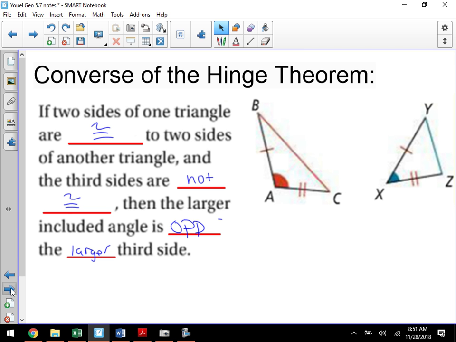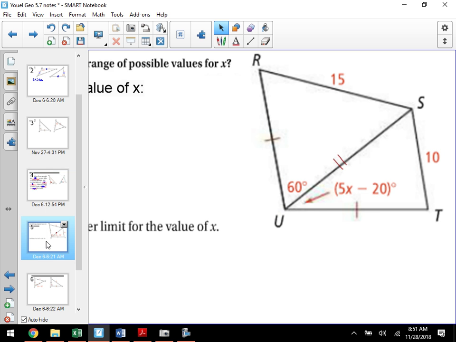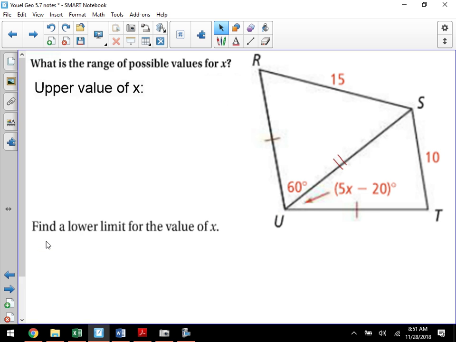All right. So let's look at how this does start to get a little weird. It seems odd, but it's the same procedure every time. What they ask us here is, what is the range of possible values for x?